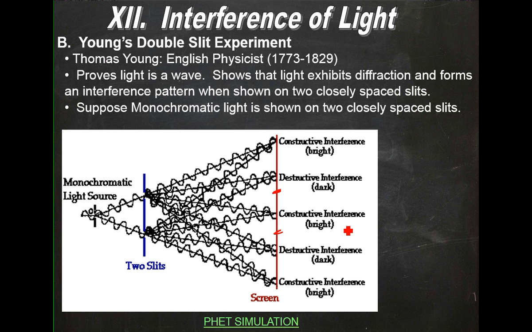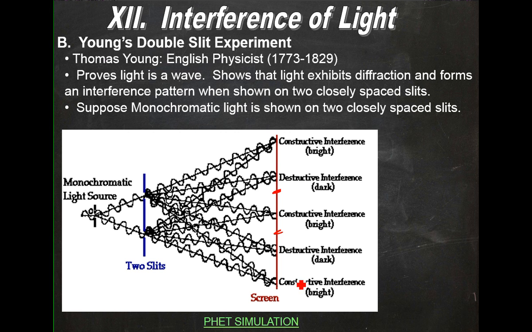Where we have a bright fringe going on, that's where a crest from the wave up on the top here is interfering with, let's say, a crest from the other one, and that would result in constructive interference. And the other part up above and below, you saw a dark spot, and this would indicate that there was destructive interference going on because these two waves diffracted around these openings, setting up two waves traveling the same medium, and they were half a wavelength apart.